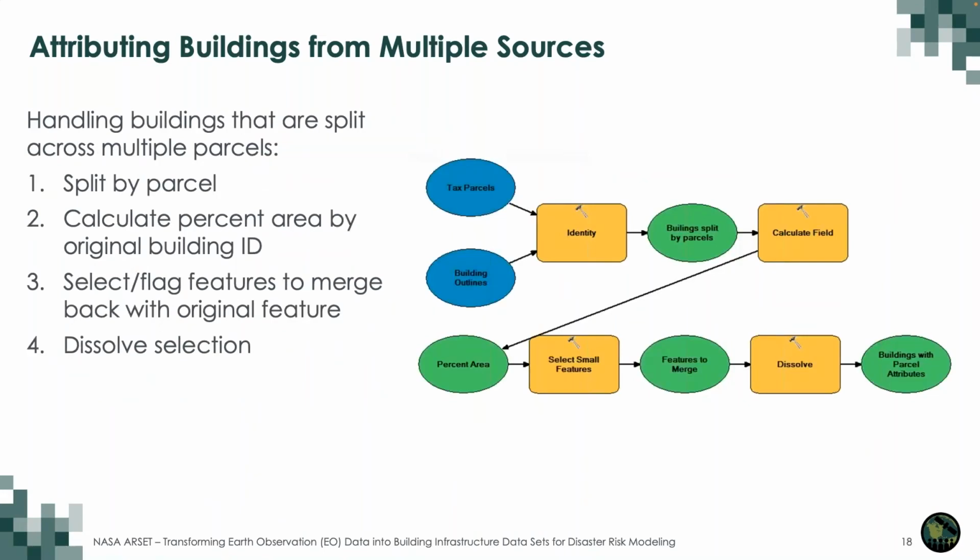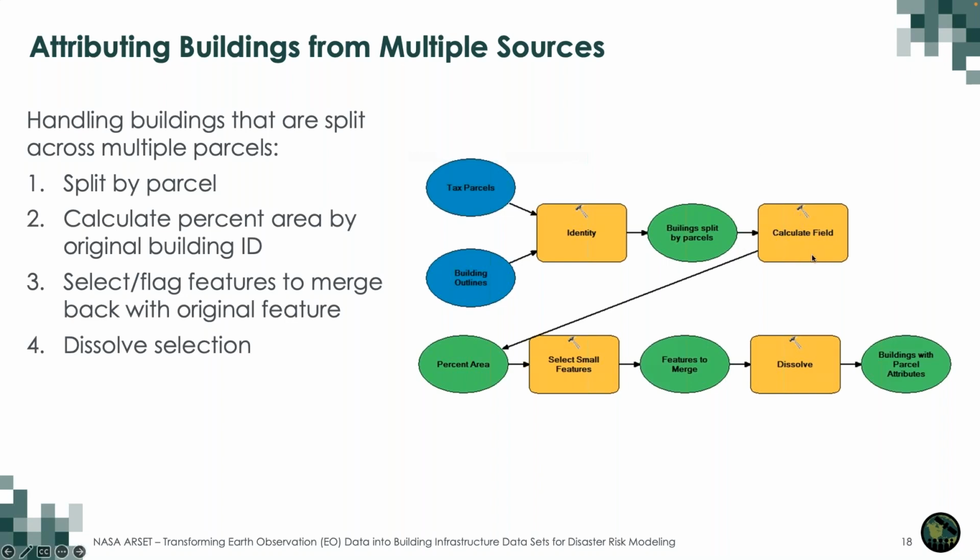Essentially, we performed an operation called an identity, which is a GIS operation. It's similar to a union or an intersect, but what it does is it splits the building footprints, which is our target data set, by the tax parcels. And if there are parts of the tax parcels that fall outside of the building footprints, they're discarded. So the result is just the building footprints, but split by tax parcel with the tax parcel attributes.